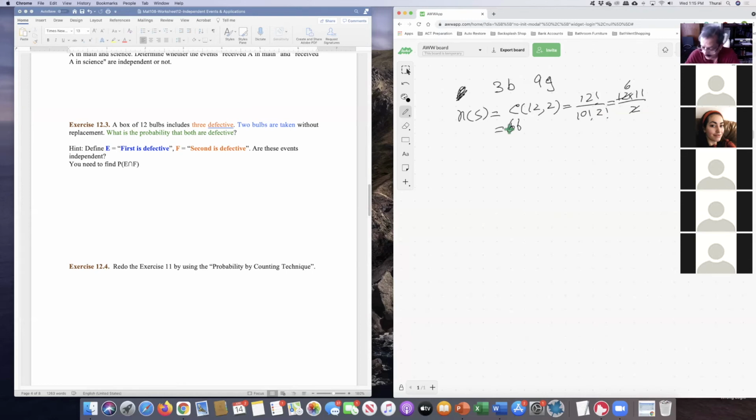And the event E, count of E, first one is defective. So we are selecting two, and we want the probability for the first one to be defective. That means one defective, one good. First defective, second, wait a minute.